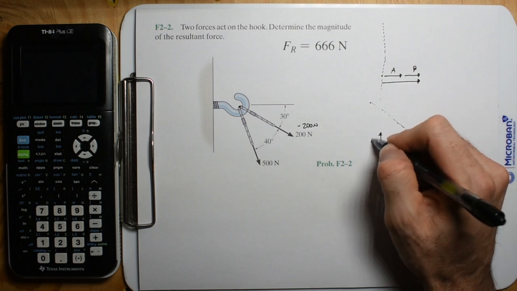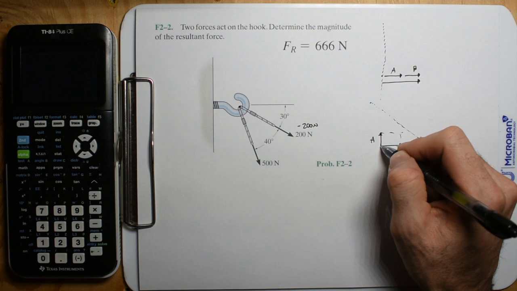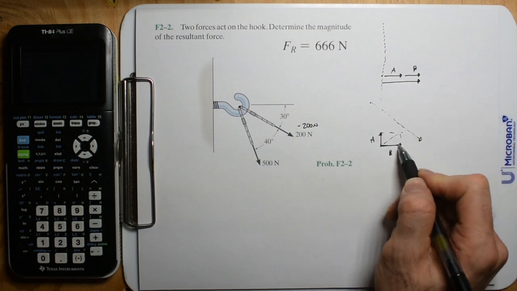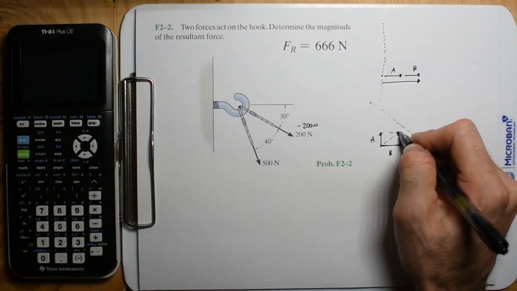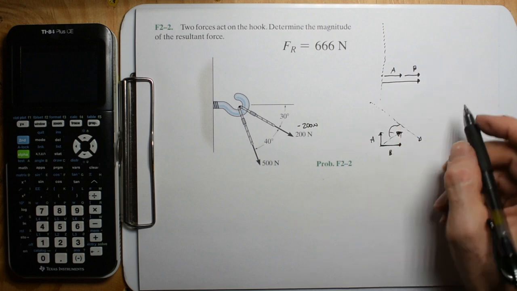If I say we have vector A and then vector B, the resultant, using the parallelogram method, going this way and then this way, gives us a vector in that direction. The magnitude of this is found using the Pythagorean theorem.